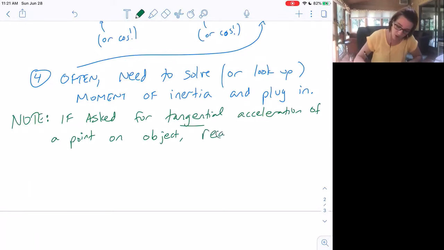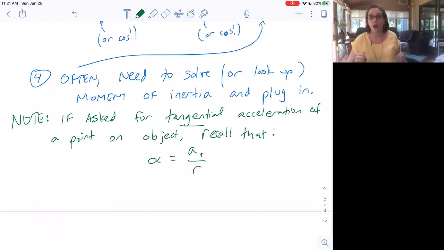So just recall that we have this relationship, which is that alpha is equal to a sub t over R, so that we can then get the tangential acceleration from alpha. So you still go through the same process to find a tangential acceleration of a rotating object. You just look at a single point on the rotating object, depending on the point it was talking about. All right, let me know if you have any questions.